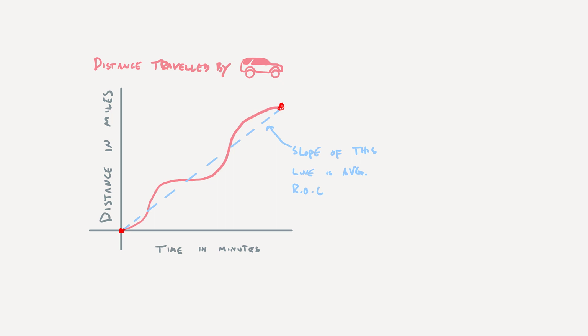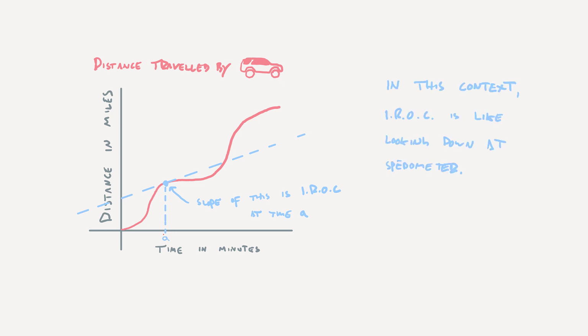But if you wanted to find an instantaneous rate of change, you'd have to find the slope of some tangent line at time A. Maybe you want to find it here, arbitrarily. Maybe this is only like 5 minutes into your drive. The analogy that I would make is that finding the slope of this tangent line, this instantaneous rate of change at time A, is the same as if you're in the car actually driving, just looking at your speedometer.